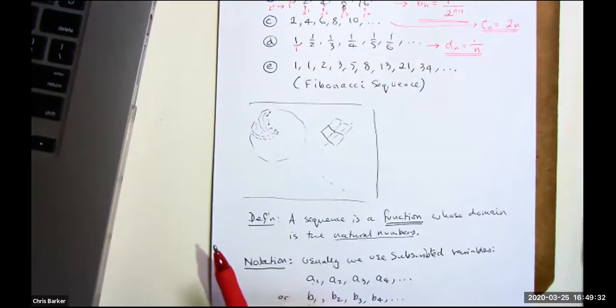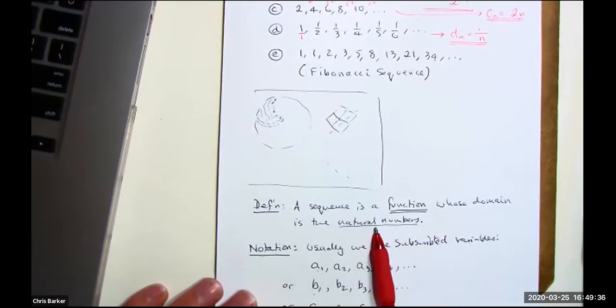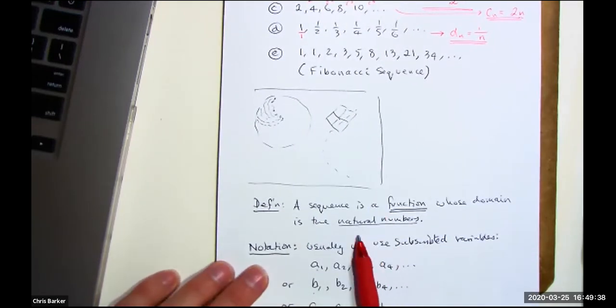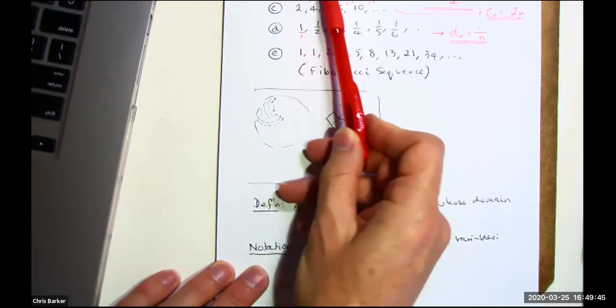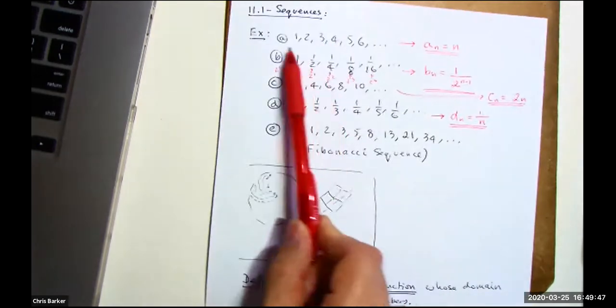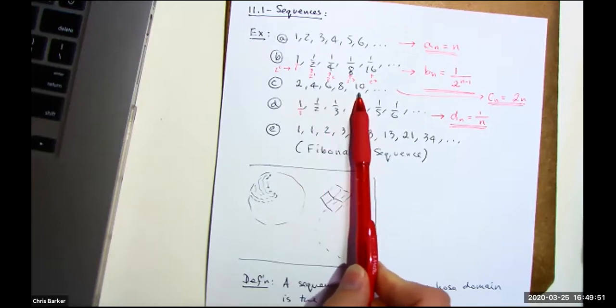Natural numbers. Yes, and that's why we said in this definition, a sequence is a function whose domain is the natural numbers. It's the natural numbers that you're plugging in as the input. And the numbers in this list, those are the outputs when you plug in the natural numbers.